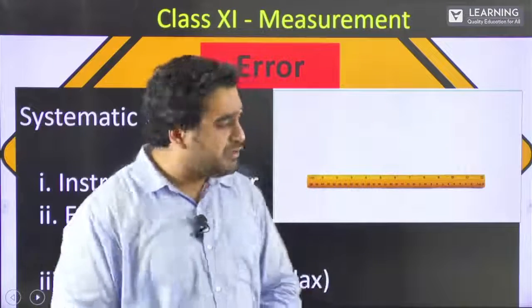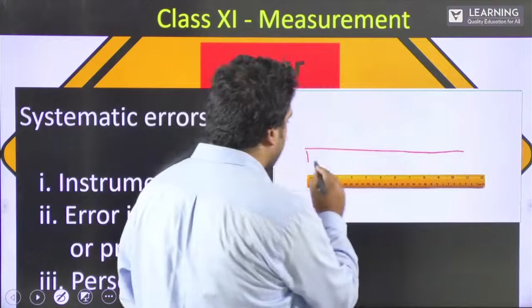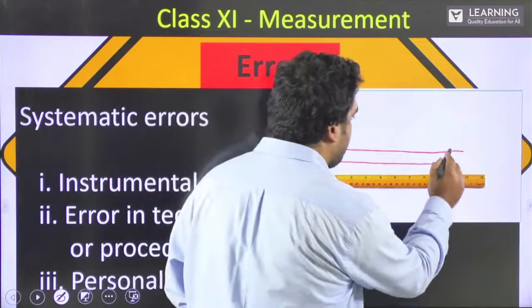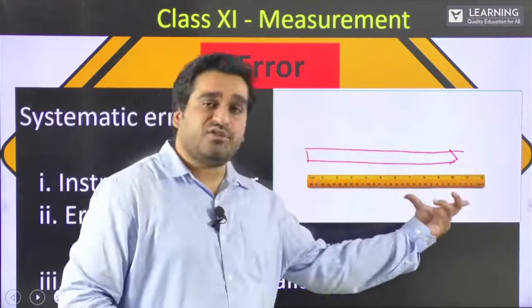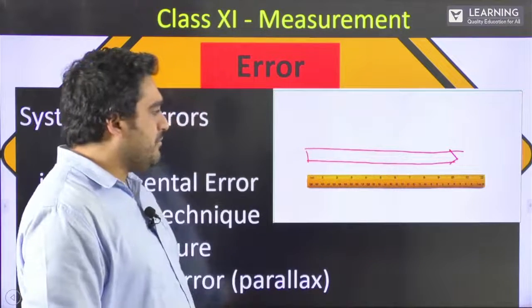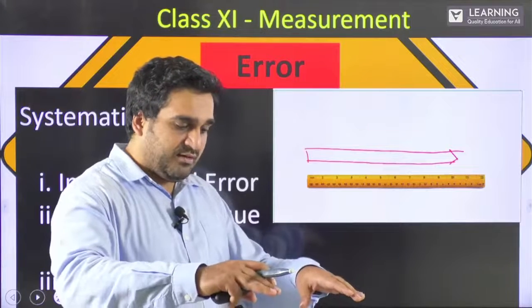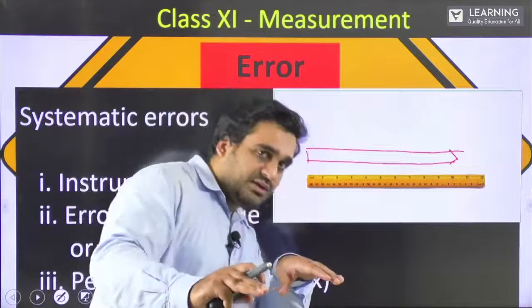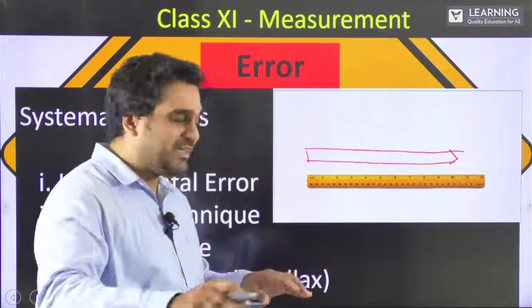here's what happens. If an object is placed, again a pencil or a pen, and you're trying to measure the length of the pencil or the pen, but this time when you make a measurement, let's say you place the scale and you look sideways, you try to make the measurement sideways to the scale.